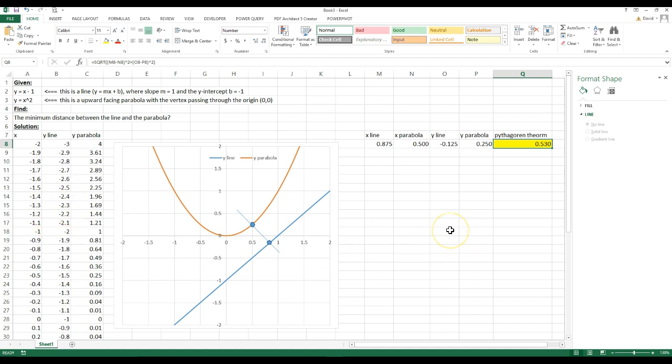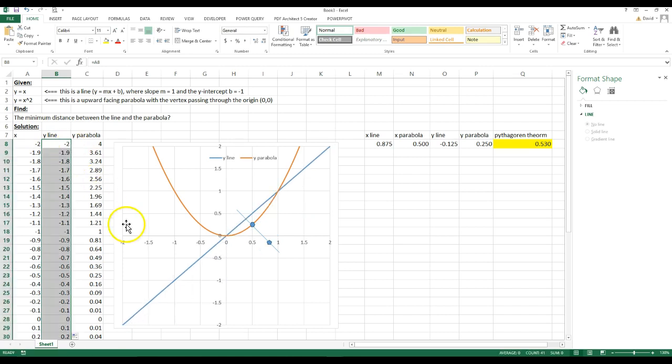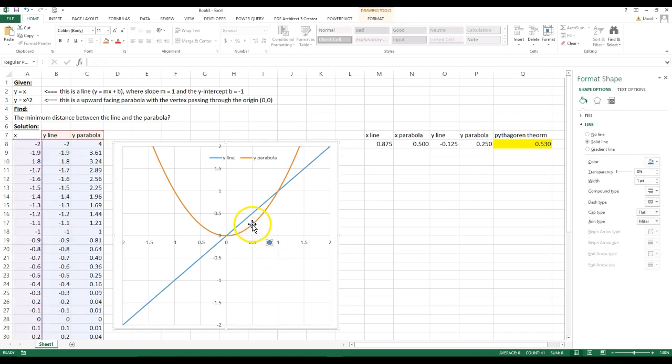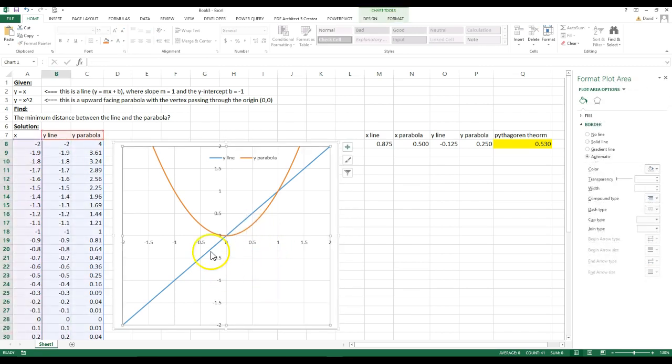Now, what's also interesting is I could make this line pass through 0, where it's actually intersecting. If I made this y equals x, and we make this y equals x, then that line is going to come up here. I'm going to get rid of these. So now the line moves up here.